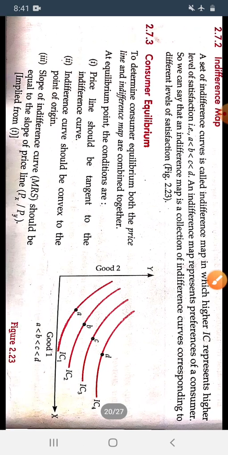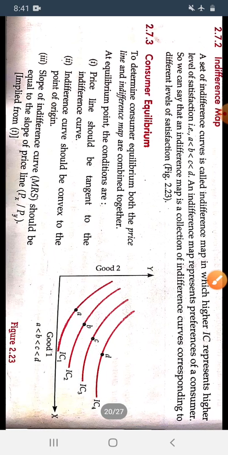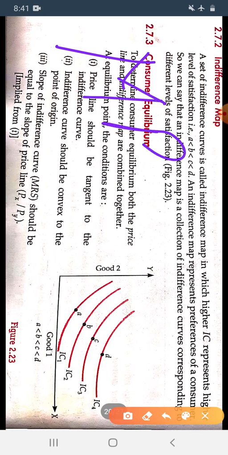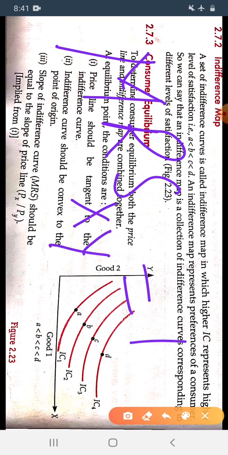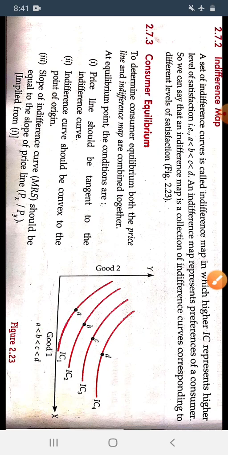That means MRS, the marginal rate of substitution, of X and Y commodity should be equal to the price of the X commodity upon the price of the Y commodity. So it means the slope of the indifference curve should be equal to the slope of the price line.